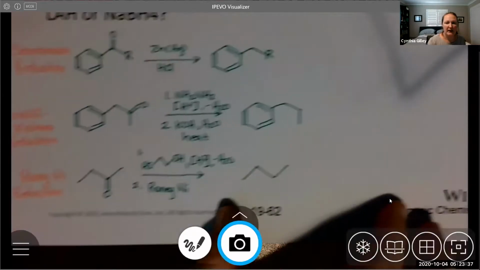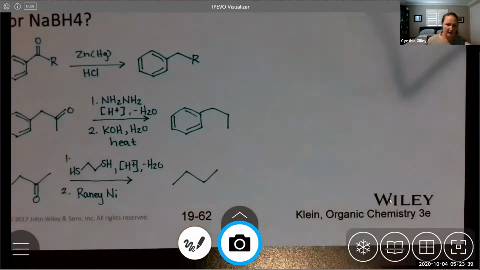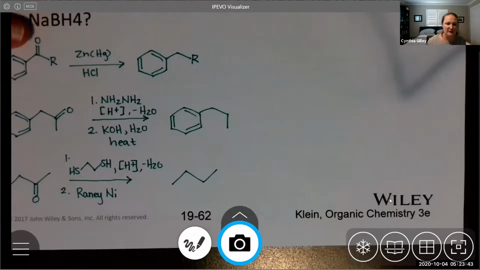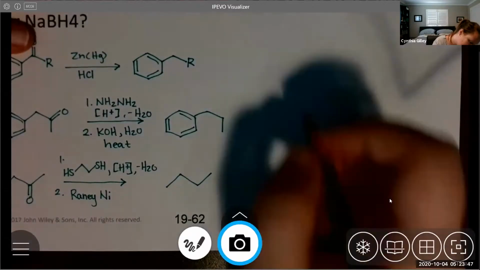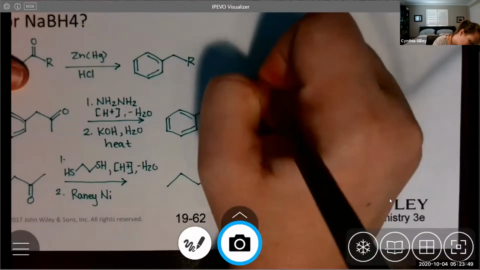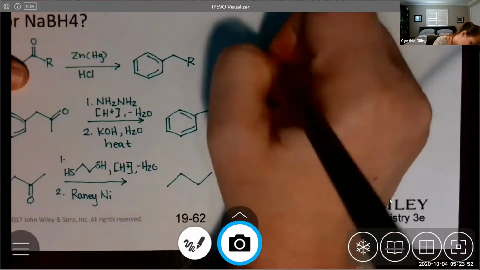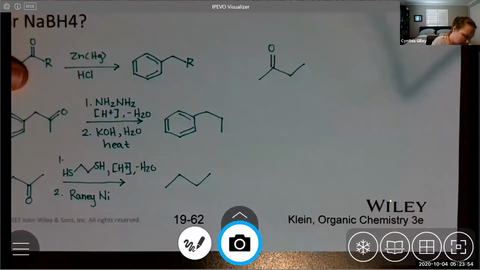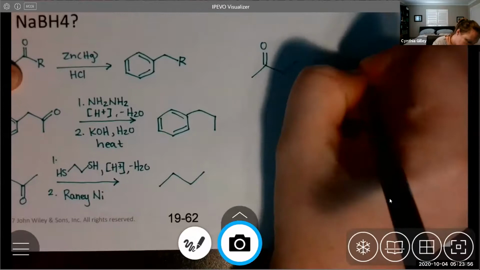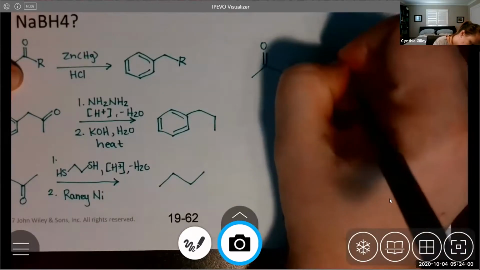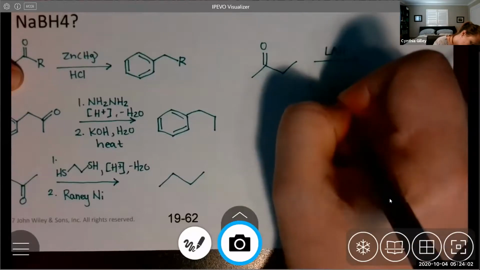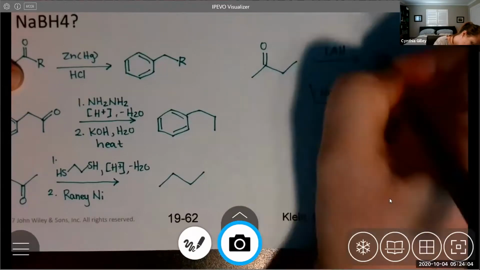Okay, and over here, we can compare and contrast those to the reduction using lithium aluminum hydride and sodium borohydride. For example, remember that if we reduce a carbonyl with either lithium aluminum hydride or sodium borohydride, we end up with an alcohol.